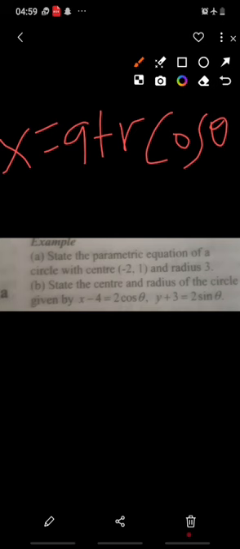Or we can say that r is also the radius. So we have a as the x coordinate of the center of the circle, and r as the radius of the circle. And then also we have y equal to b plus r sine of theta. So these are the parametric equations that we have to deal with.